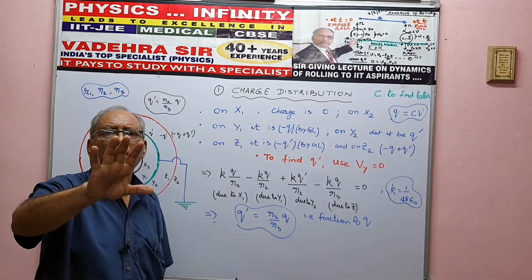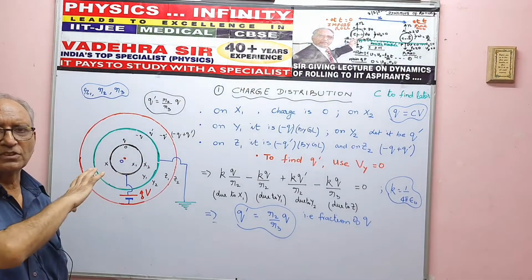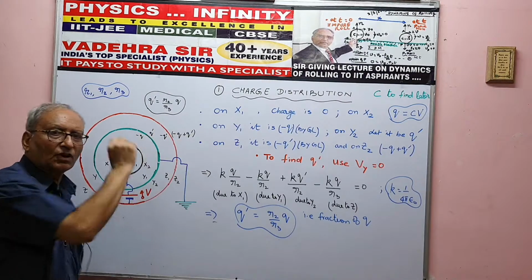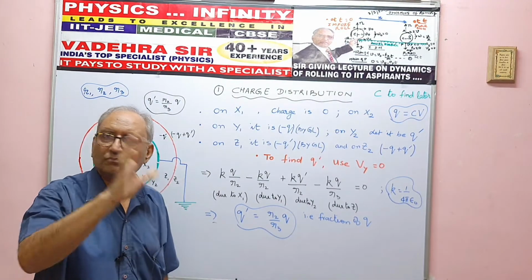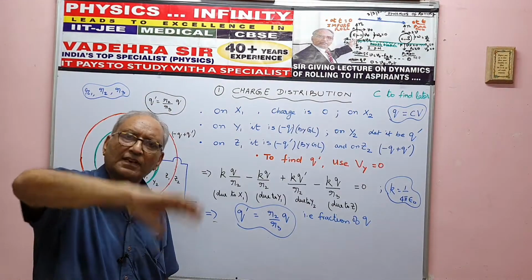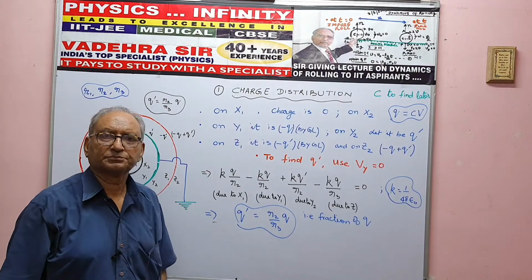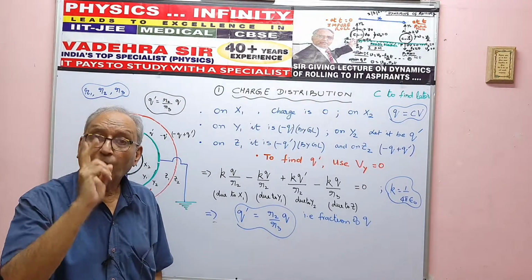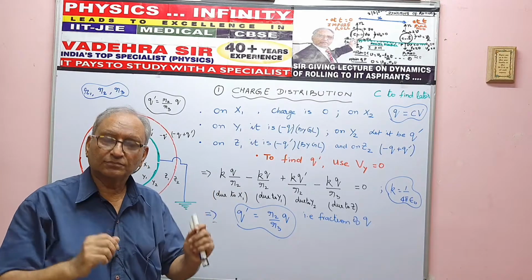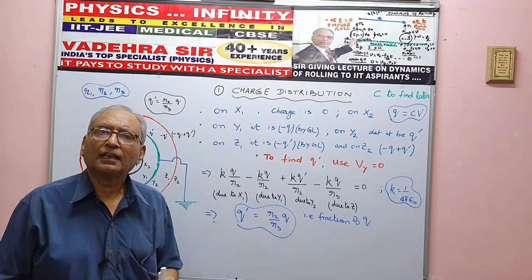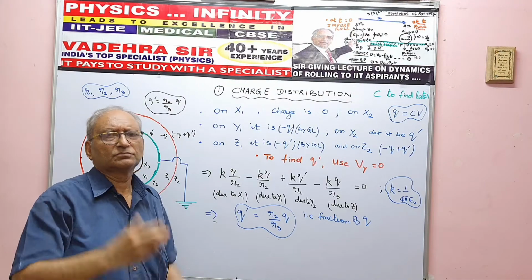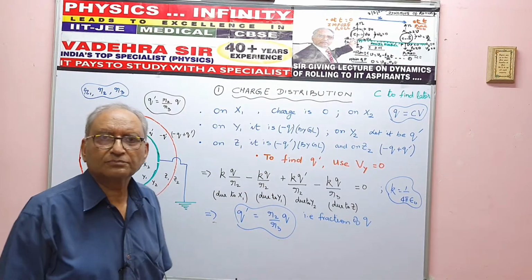Five important things I am asking in this particular situation. First and foremost, what are the charges on the different faces of these plates: X1, X2, Y1, Y2, Z1, Z2? Once we do the charge distribution, then we can work out the PD between X and Z. Of course, Vy would be 0.